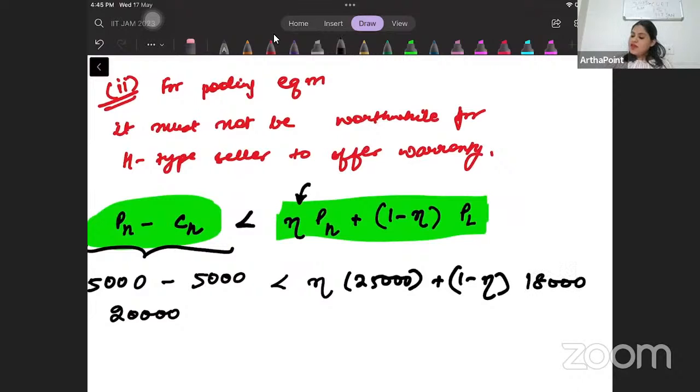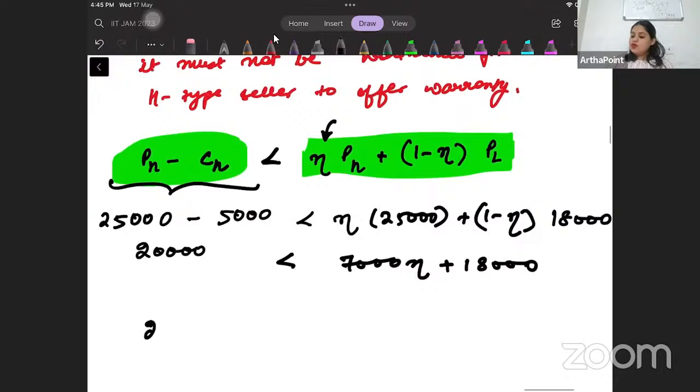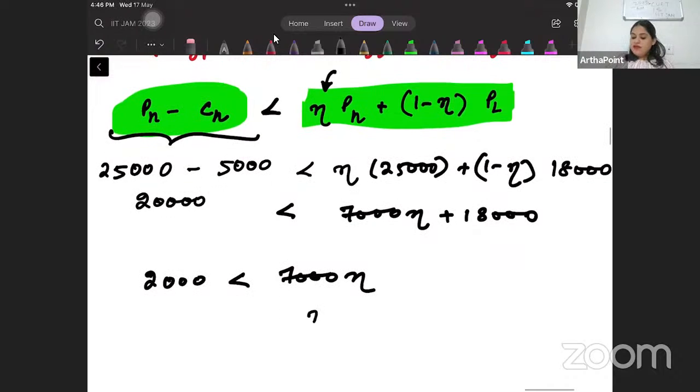So if I solve this, I will get 25 minus 18, 7,000 this and plus 18,000. ठीक है, तो ये हो गया 2,000. Just solve this beta. 2,000. Less than 7,000 this.